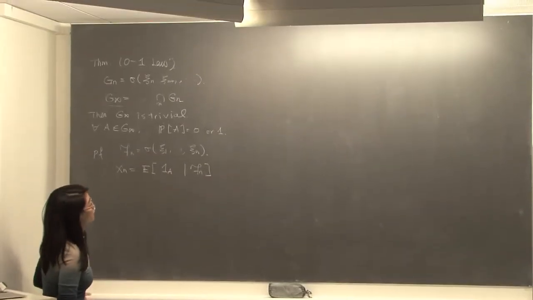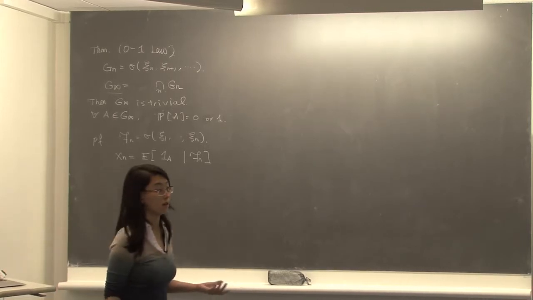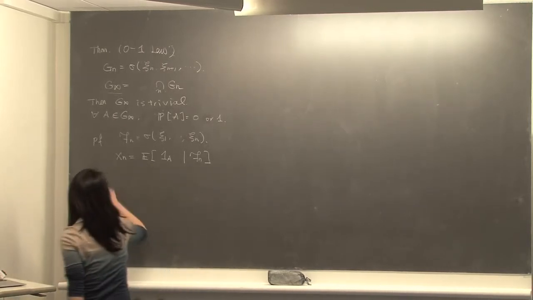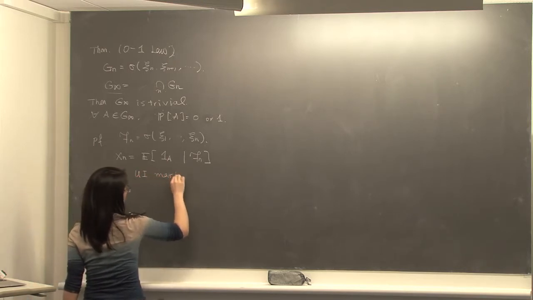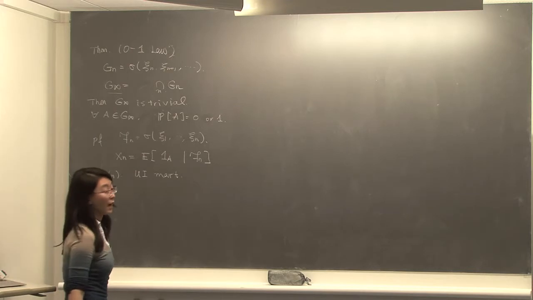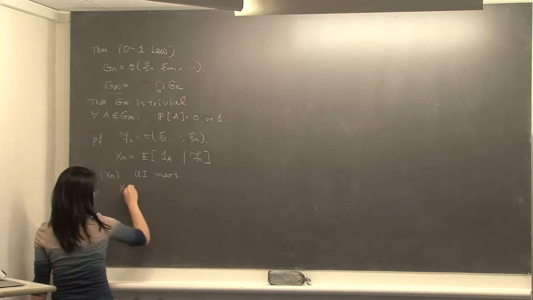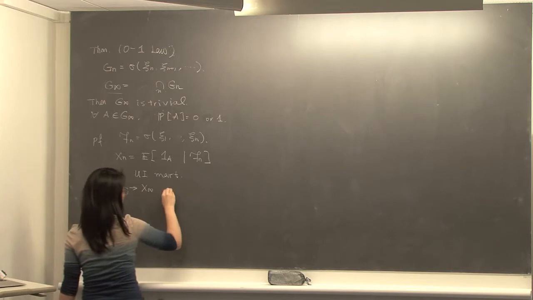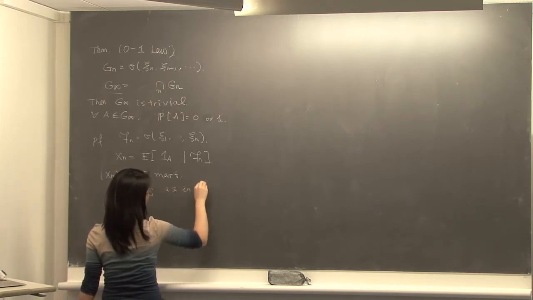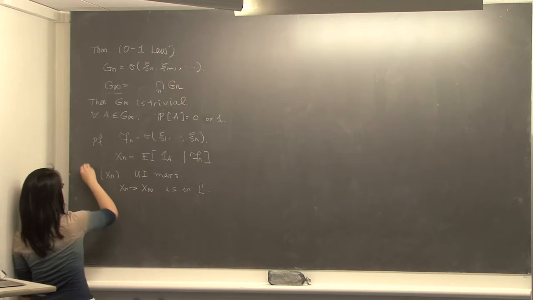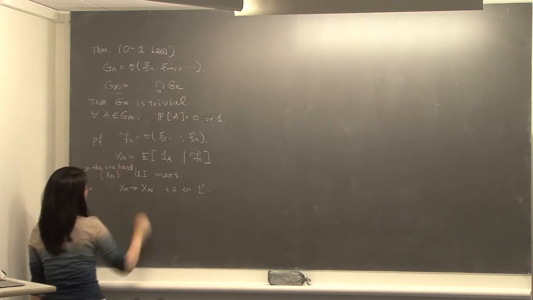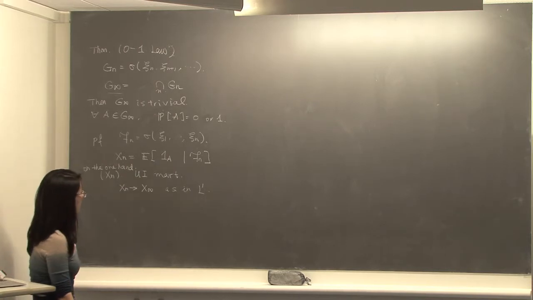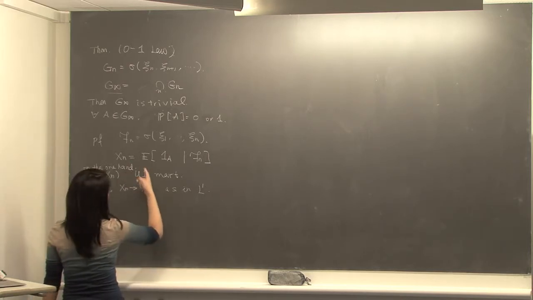Then by the theorem for convergence of UI martingales, we know that this Xn is a UI martingale. And since it is UI, we have convergence almost surely and also convergence in L1. So on the one hand, let us check what is X infinity.